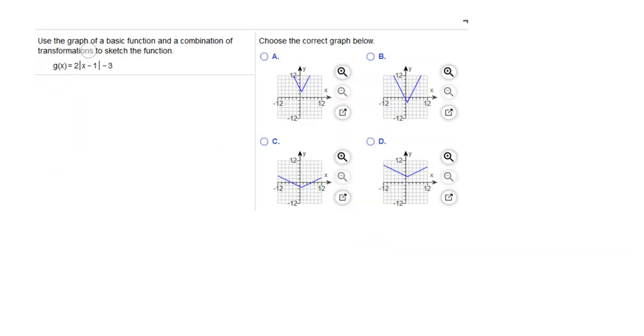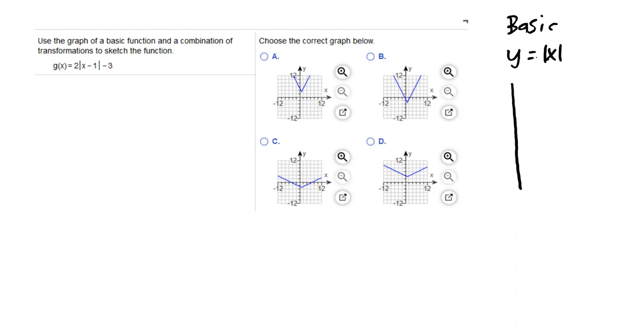This question says, use the graph of the basic function and a combination of transformations to sketch the graph. We have the function g of x equals 2 times the absolute value of x minus 1 minus 3. So we want to start off with the basic graph of y equals absolute value of x.